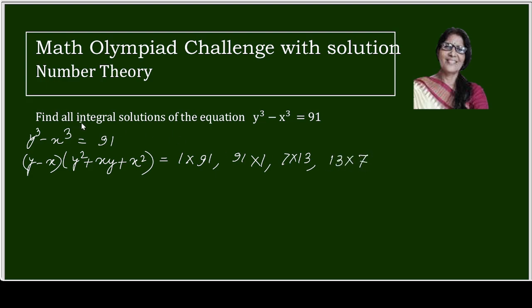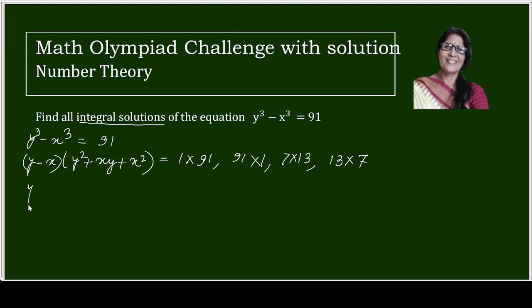Here it is given that we need all integral solutions, which can be negative also, but here I have taken only positive factors. Now let us observe why I have written all the positive ones. What is the logic behind it?